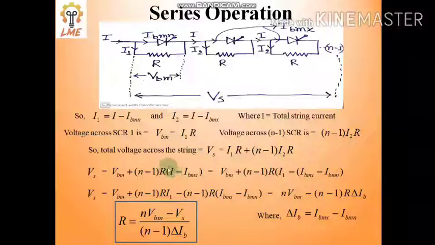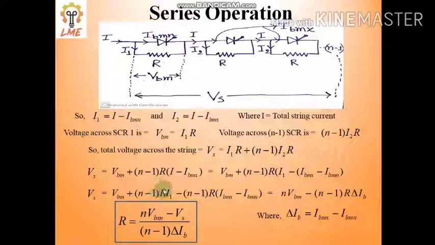This I is replaced by I1 plus IB min, and then we find this final equation. Here, VBM is written as VBM plus n minus 1 R into I1, and another quantity we write is n minus 1 R into IB max minus IB min. So we write this equation.